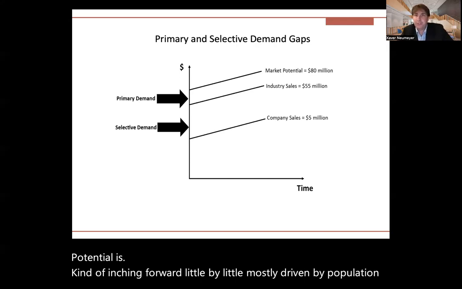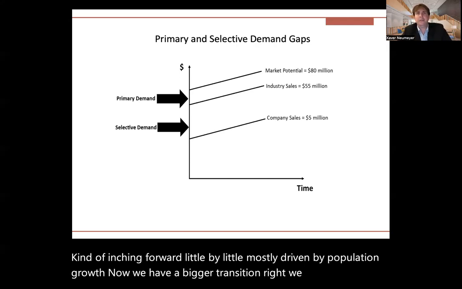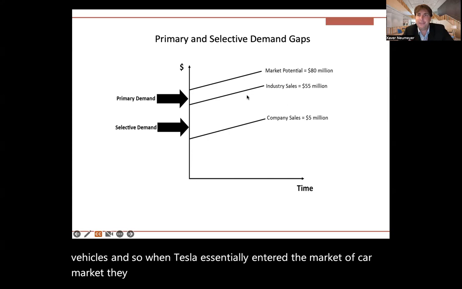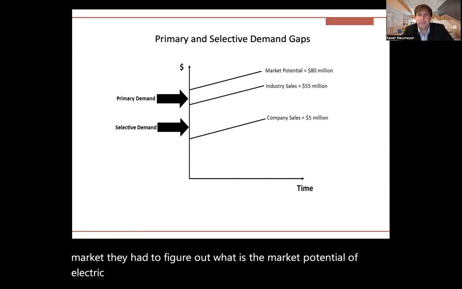Now we have a bigger transition, right? We have electric vehicles. So when Tesla essentially entered the car market, they had to figure out what the market potential of electric vehicles is. How do we estimate that?